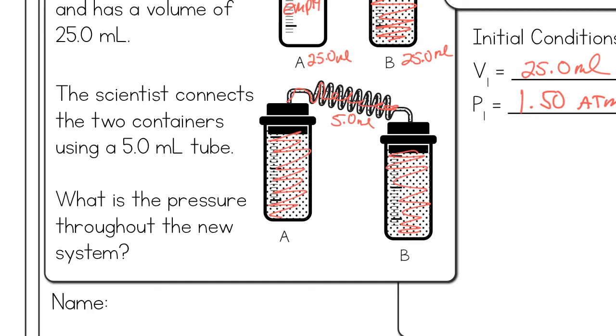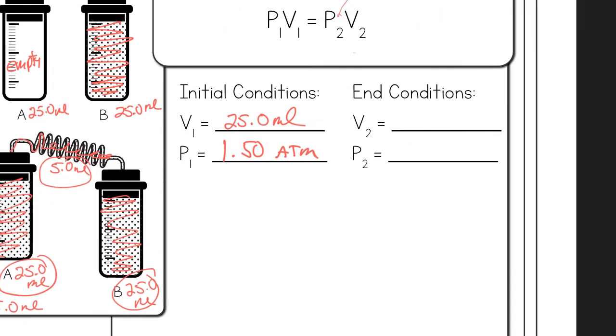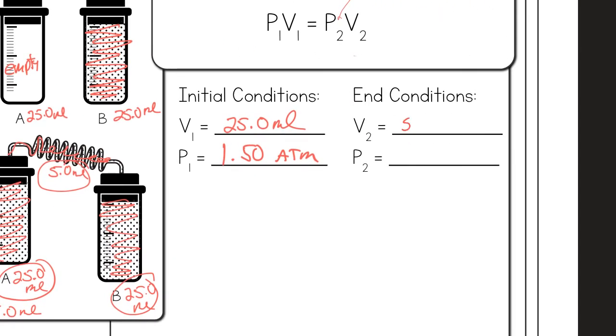The coil is 5 milliliters. Vial A is 25.0 milliliters, and vial B was also 25.0 milliliters. So when I add 25 plus 5 plus 25 more, I'm going to get a total of 55.0 milliliters. That's my total volume. So that's going to go right here.